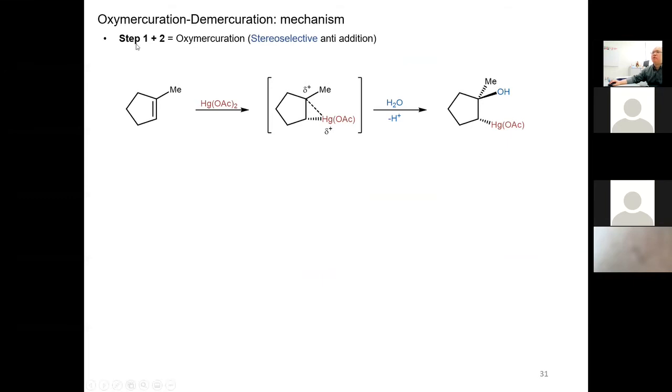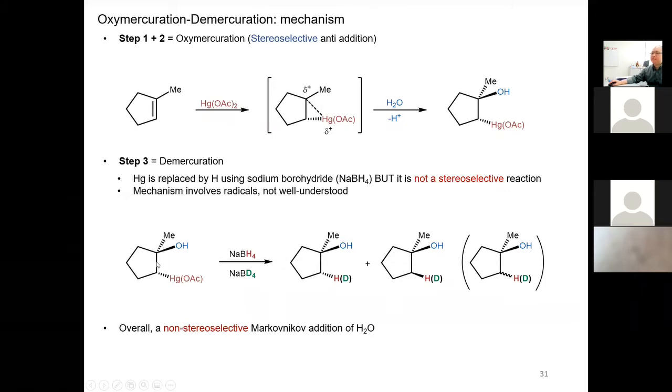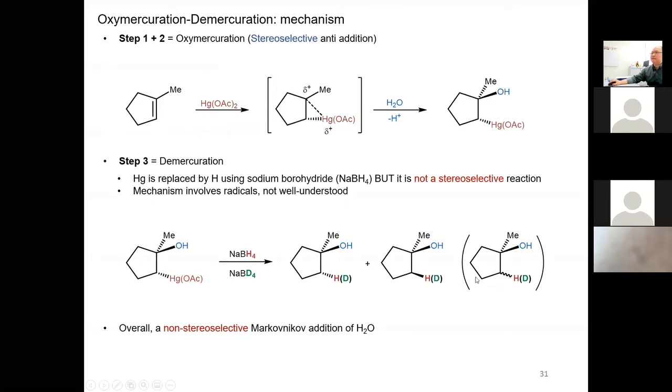Because step 1 plus step 2 is an anti-addition of the mercury and the water. But the third step messed that up. Still remember that, right? Because the third step is kind of like a radical mechanism. Although you establish quite a good stereochemistry, the anti-addition here, the carbon-mercury bond, the stereochemistry here will be destroyed. So it will be messed up.